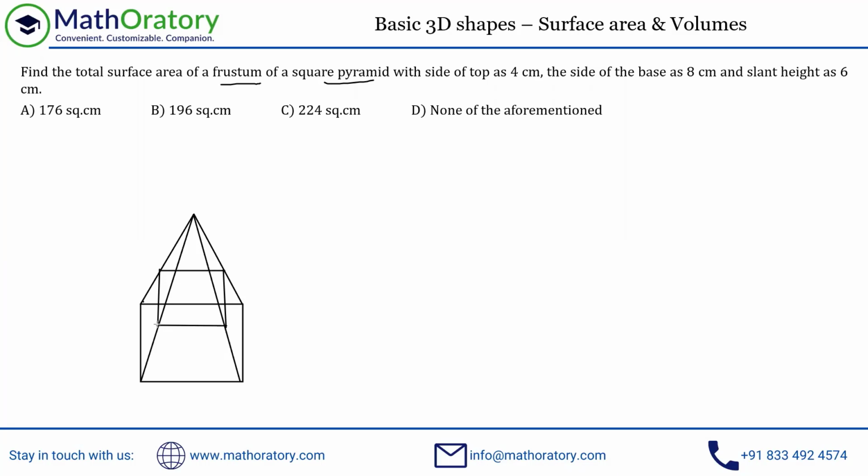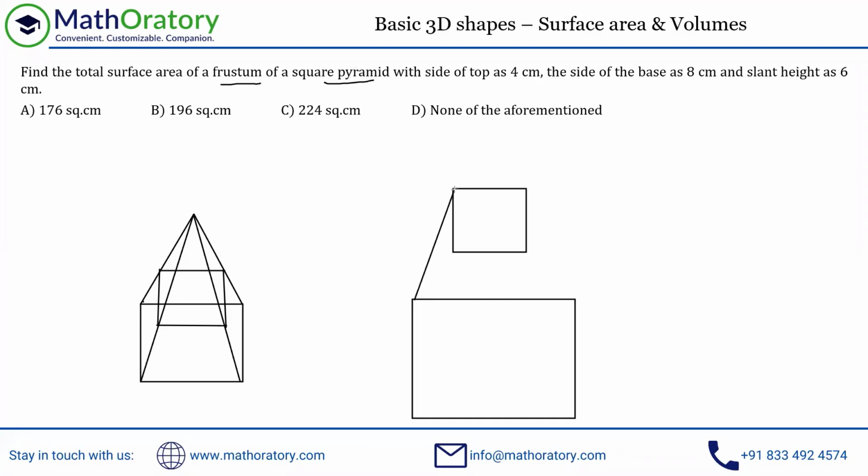So the frustum in this case would look something like this. You'll have a square on the top, and you'll have a square on the base because it's a frustum from a square pyramid. Then every vertex will be connected in this manner. So this will be the frustum.